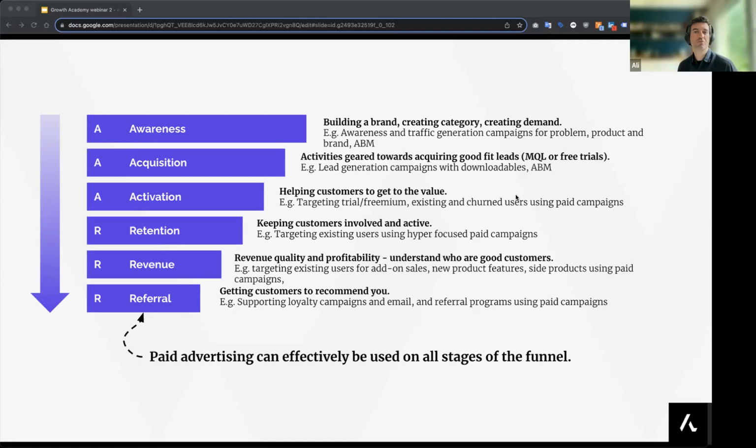We can do retention campaigns targeting your existing customers. We can do revenue focused campaigns, and these could be helping you to increase your, let's say, retainer sizes, help you do upsell, help you do cross sells, introduce your new products to your existing customers.